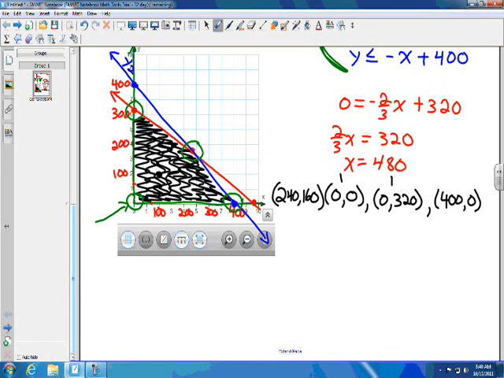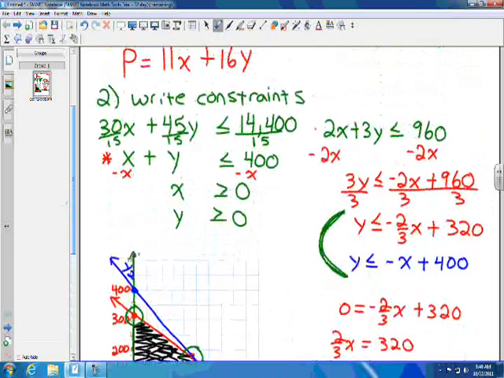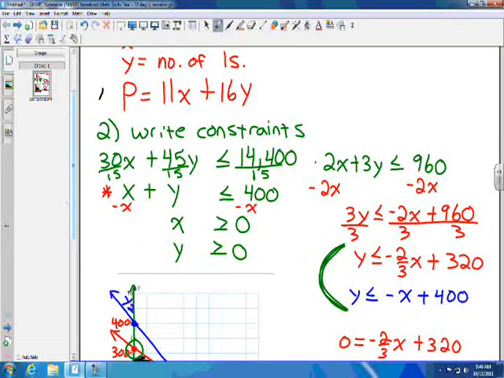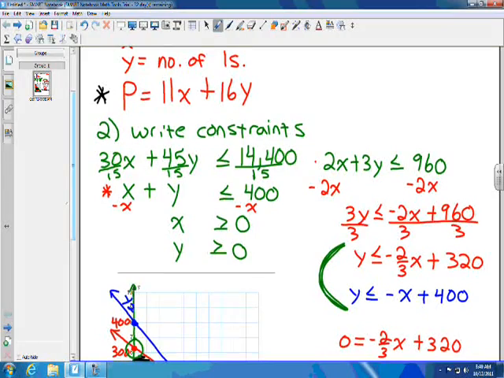So where do we plug these points in? To your objective statement. What you're trying to maximize, clear up here in step 1. That's where you're going to plug in all of your points, see which one gives you the most profit.